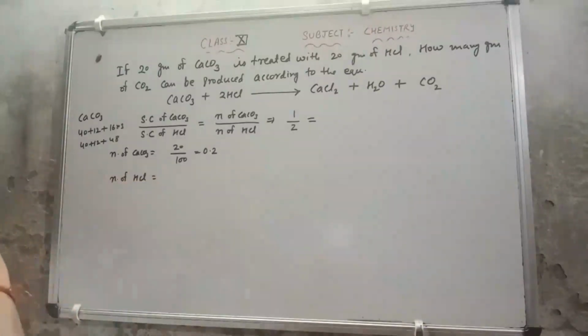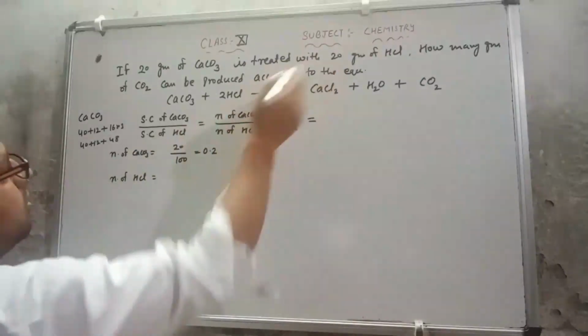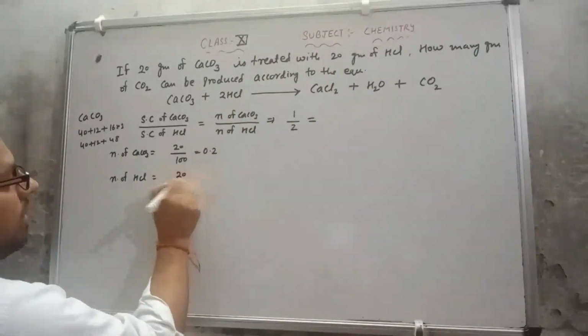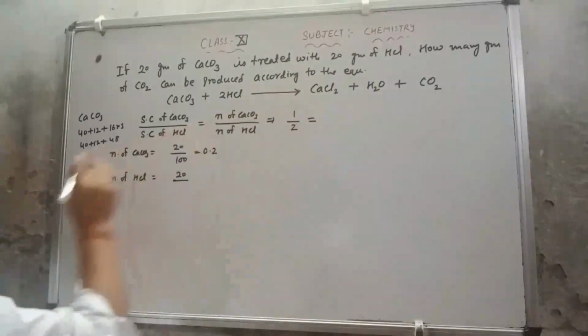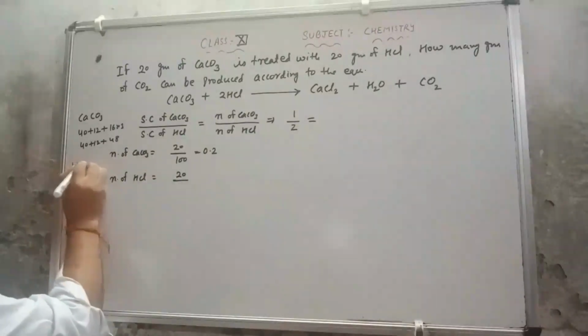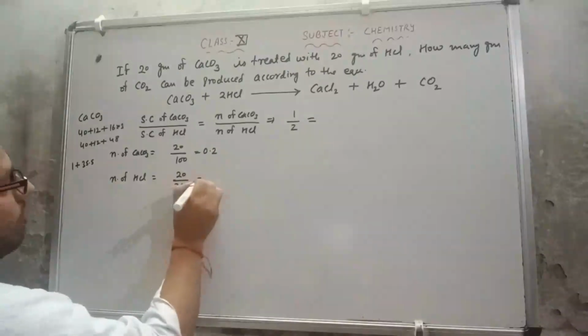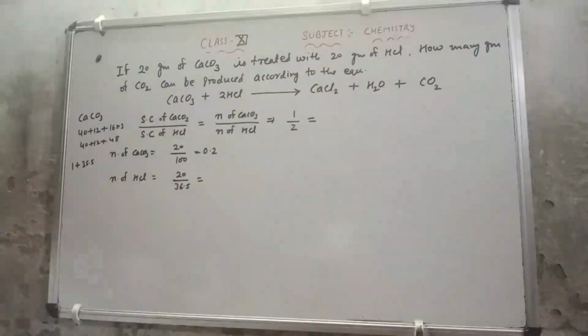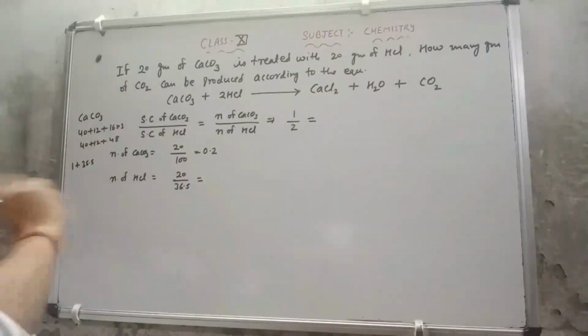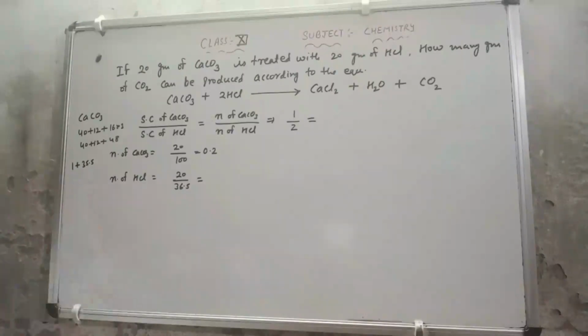Now in the same way I find the number of moles of HCl. This is mass upon molar mass. The mass is 20 gram. Molar mass of HCl is H 1, Cl 35.5, so this is 36.5. If you divide it, this is coming less than 0.2.